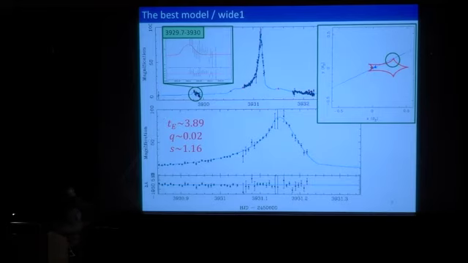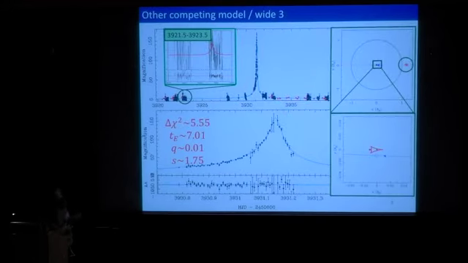Here is a bump due to the caustic crossing. The event time scale for this model is about 4 days, so it is a short time scale event. The mass ratio is about 10 to the minus 2, and the separation is about 1.1.